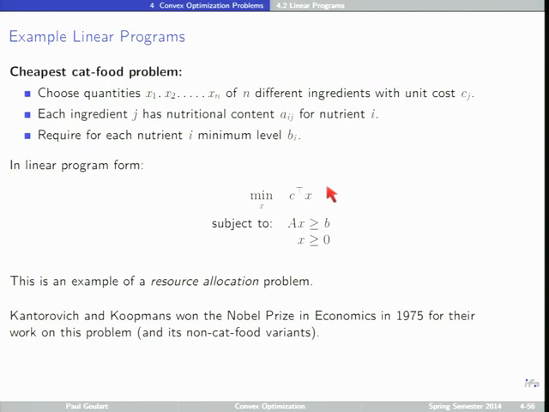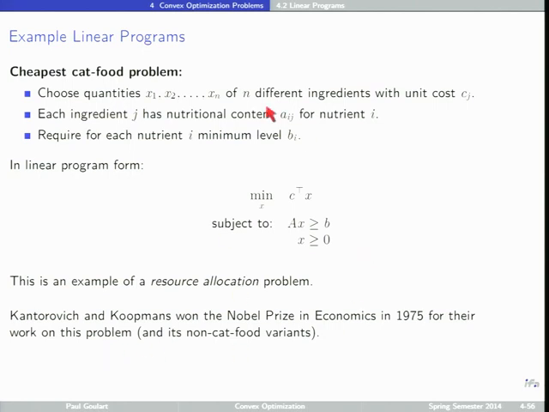Okay, so you see many different problems in economics can take this kind of form. Okay, so this is an example of a problem where I can just take my problem description and it just naturally falls into place as a linear program. And these guys spent, okay, I don't wish to underplay their contribution, okay?